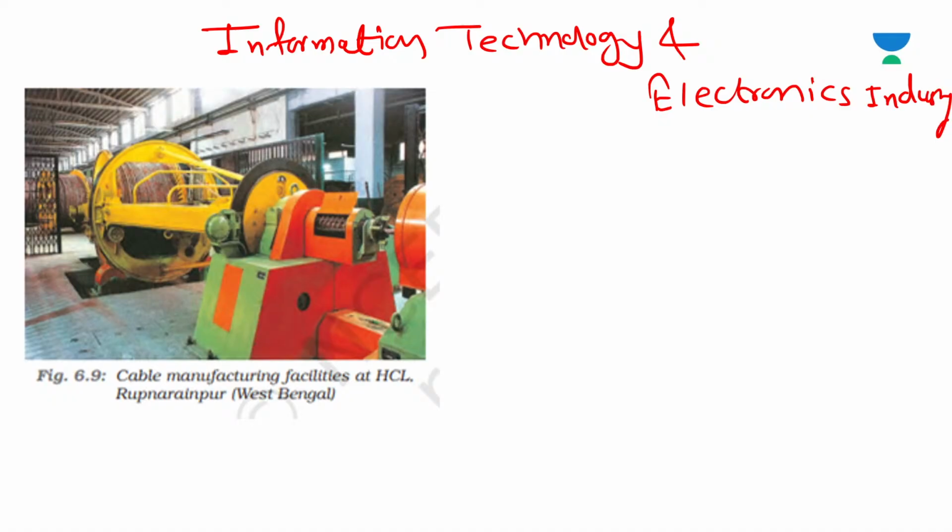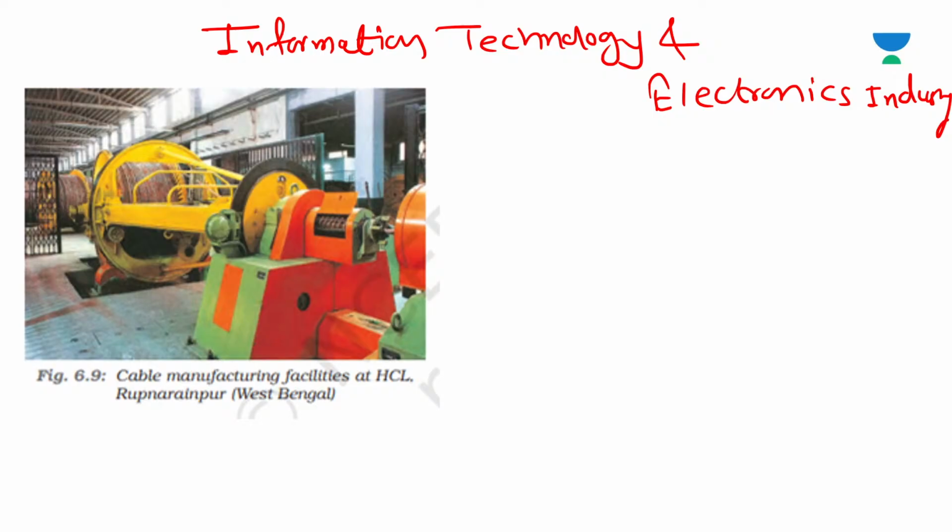So the electronics industry covers a wide range of products from transistor sets to television, telephones, cellular telecom, telephone exchange, radars, computers, and many other equipments which are required by the telecommunication industry. So Bangalore has emerged as the electronic capital of India.